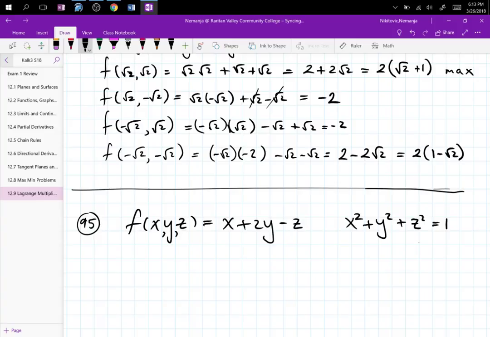All right, go ahead, have fun. This is your problem, you know what to do. Three partial derivatives for f, three partial derivatives for g.